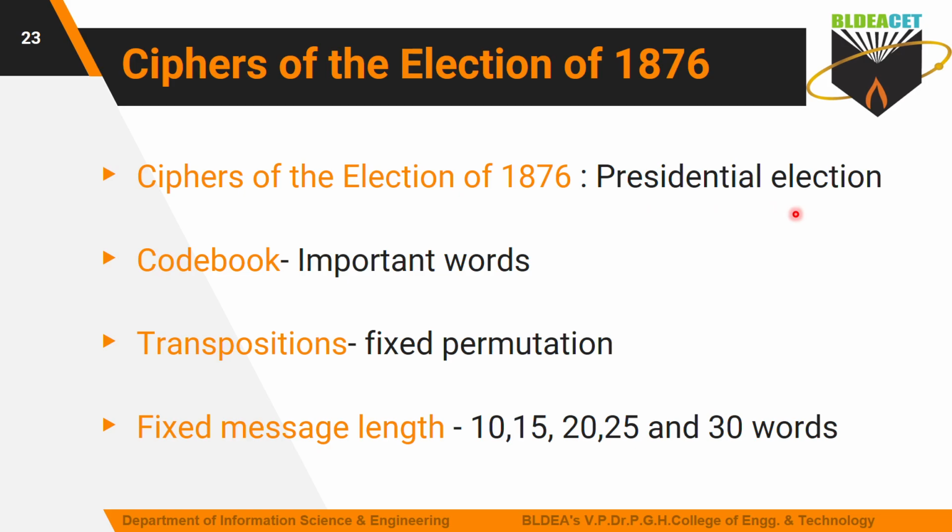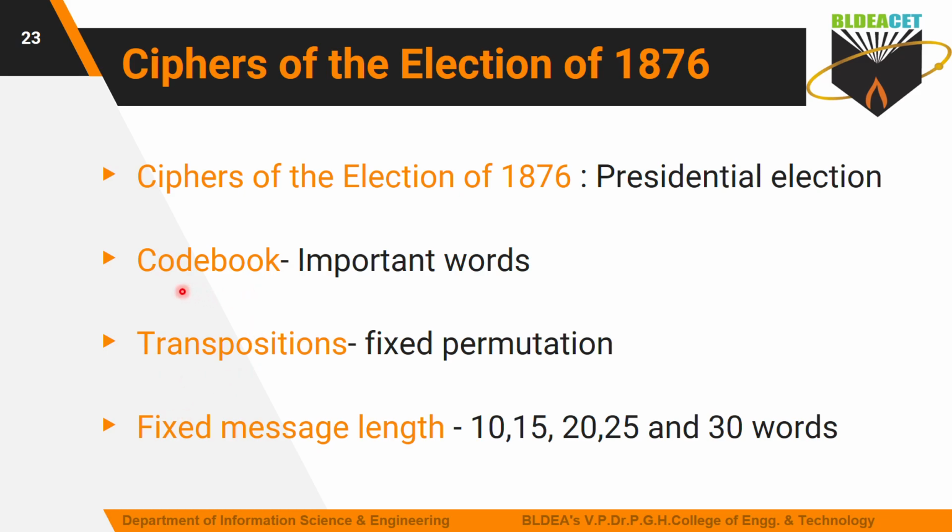So the Tilden party people communicated with each other with the help of secret messages. To generate those secret messages, they used encryption techniques such as a codebook, and one more, the transposition.